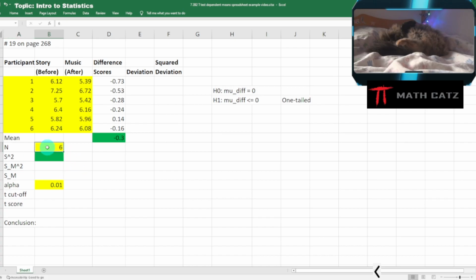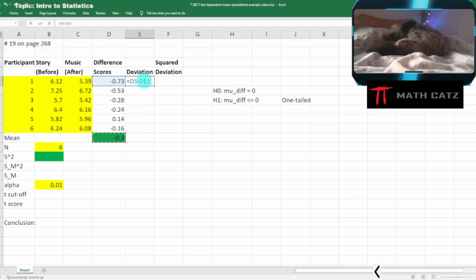So we have our sample size of 6 here, and to get the variance estimate of this, we need to get the deviation scores and the squared deviation from the mean. So for the deviation, that's simply going to be calculated as the score, in this case we're calculating difference scores, minus the mean, the deviation from the mean.